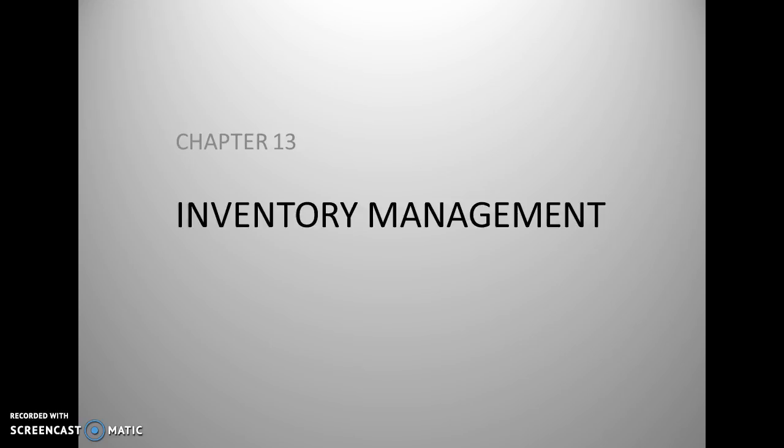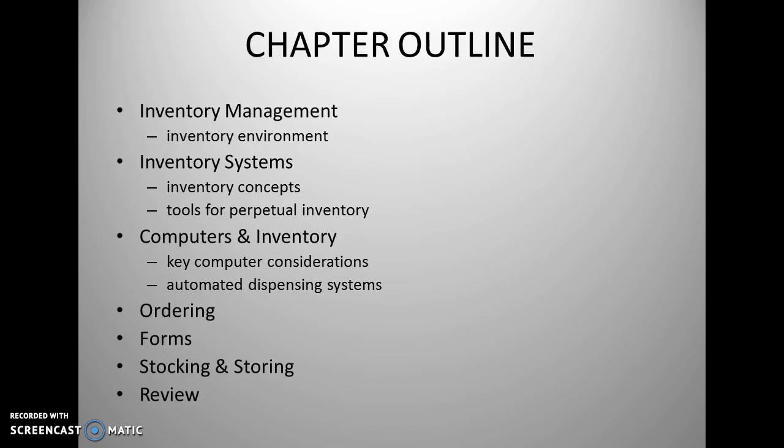Okay, so we're going to come back to this at the end of lecture 13 and try to see if we can answer those particular questions. So, what is the chapter outline? One, we're going to look at inventory management, the inventory environment. We are going to look at inventory systems. I'm talking about inventory concepts, tools for perpetual inventory.